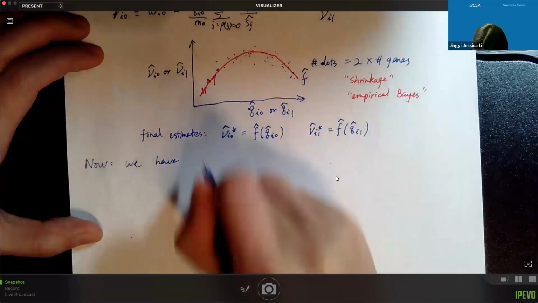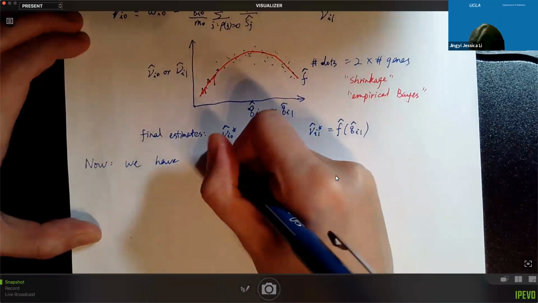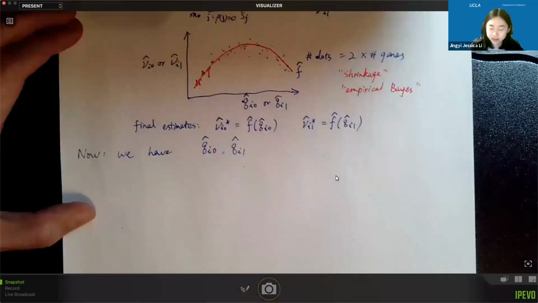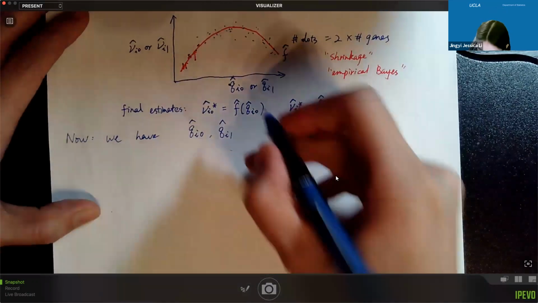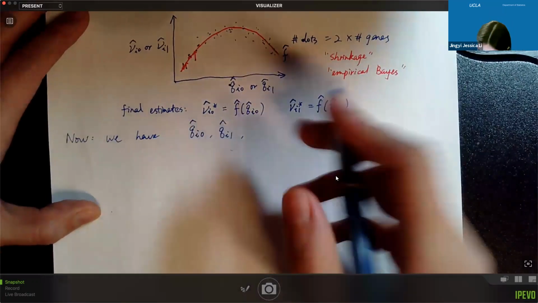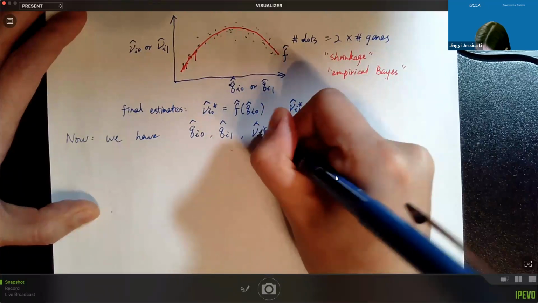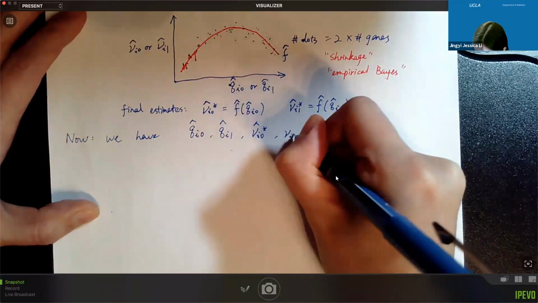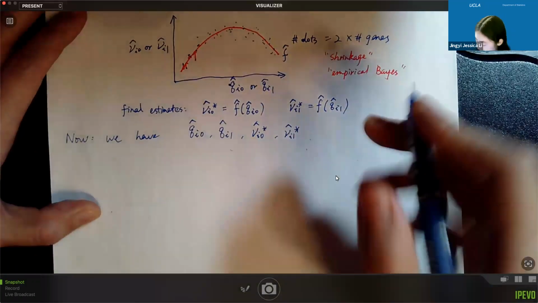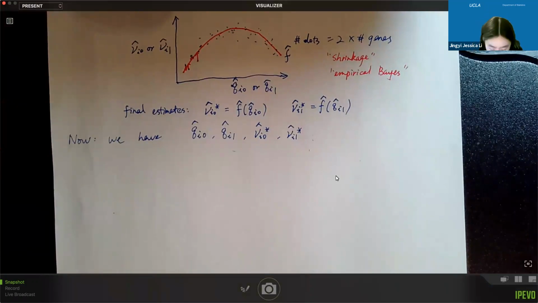I will call them Qi0 hat, Qi1 hat, which are the estimates for the negative binomial means. And we also have those refined estimates for the dispersion. I'll call them nu I0 hat star, to be consistent with our previous notation, and nu I1 hat star. So 4 parameters per gene. And Sj is already accounted for, so let's just ignore that.